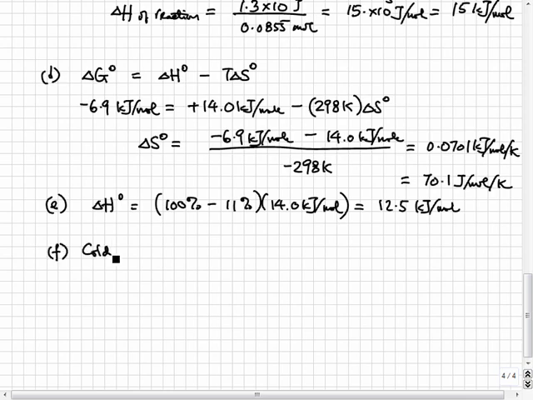F. Cold urea would have decreased the temperature of the solution more than urea at the same temperature as the solution. So the calculated delta H would have been higher, since Q solution equals mass times specific heat capacity times delta T.